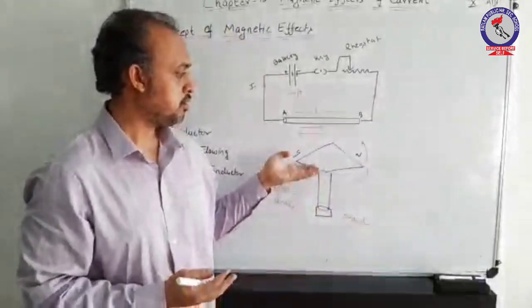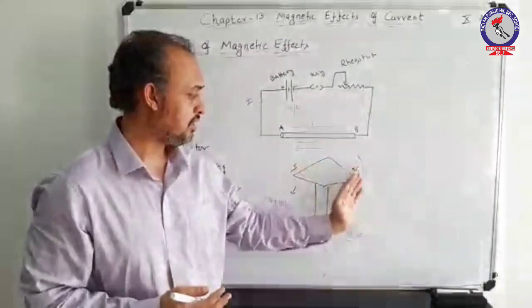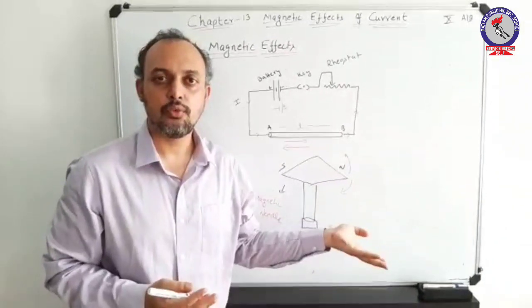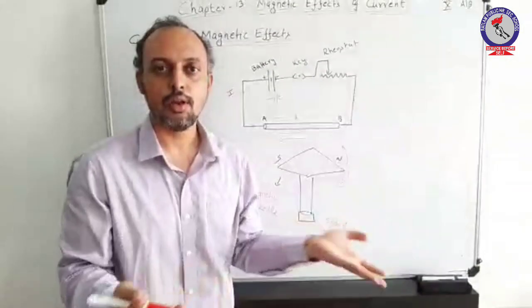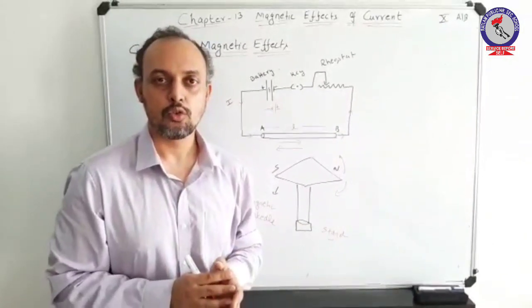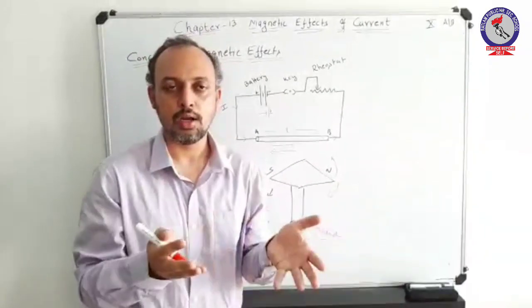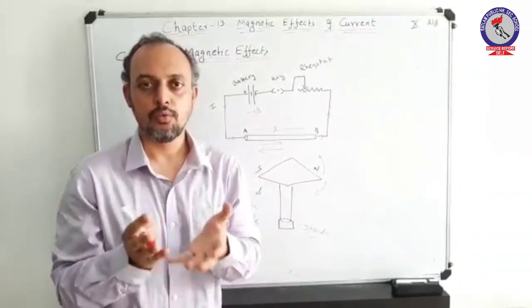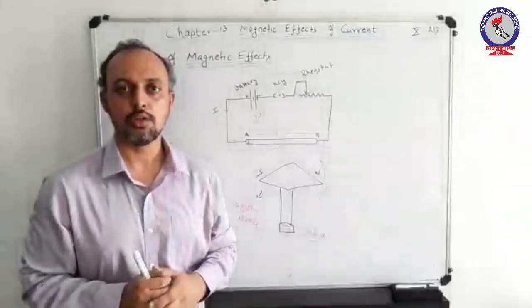We have just understood this with the help of a simple example, that since this magnetic needle can only be deflected by a magnetic field, hence this current is creating a certain magnetic field near this region. So this is actually the concept of magnetic effect, that a moving current gives a magnetic effect, which we have just understood with the help of this deflection in this needle.